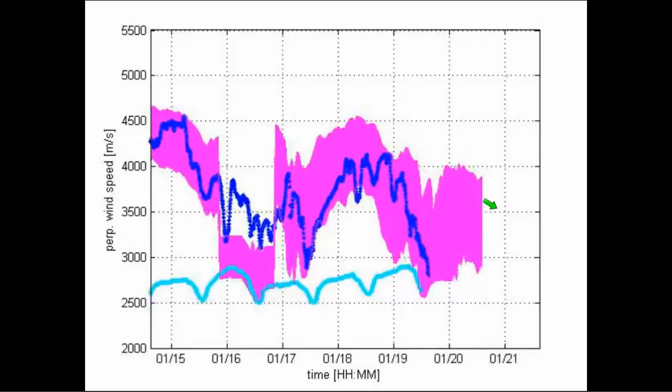Sorry, you can use this pointer if you want to explain. Thank you. Yes, okay, perfect. So here is the band that shows you the ratings available 24 hours ahead, and you can see that this band has some breadth.